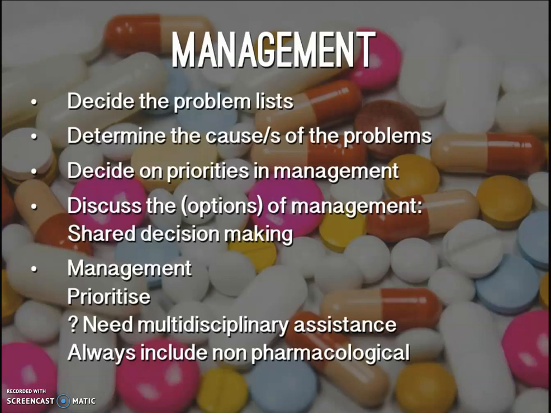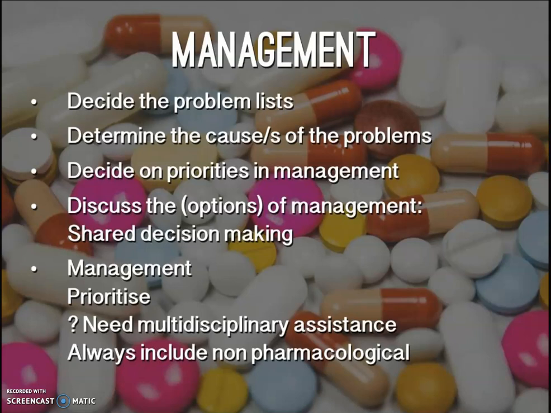For example, if the patient has acute flare-up of osteoarthritis, then you need to determine the cause of the acute flare-up. For example, trauma, excessive use, stress. Number 2, uncontrolled diabetes. What is the cause of the uncontrolled diabetes?